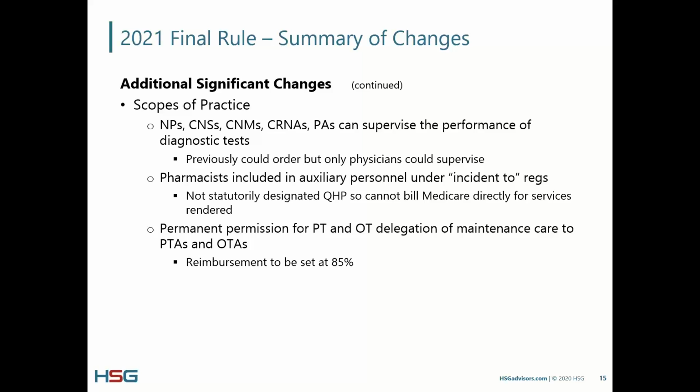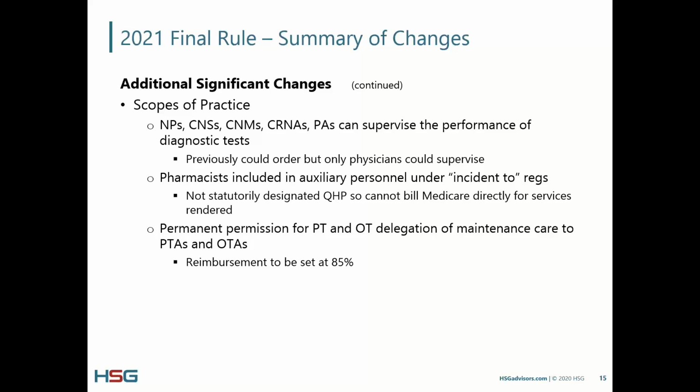They also granted a permanent position for physical therapists and occupational therapists to delegate maintenance care to PTAs and OTAs, or physical therapy assistants and occupational therapy assistants. In the past, CMS required physical therapists and occupational therapists to be the provider for Medicare patients for all incidents of care in therapy. This was felt to be, I think the best way is, not cost effective and not clinically relevant.